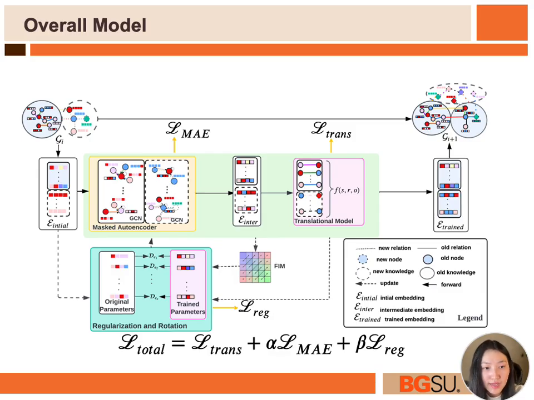This loss penalizes drastic changes in important parameters, preserving stability across tasks. MAE loss is sourced from the masked autoencoder. This loss focuses on reconstructing masked embeddings, enhancing the model's ability to learn meaningful representations.